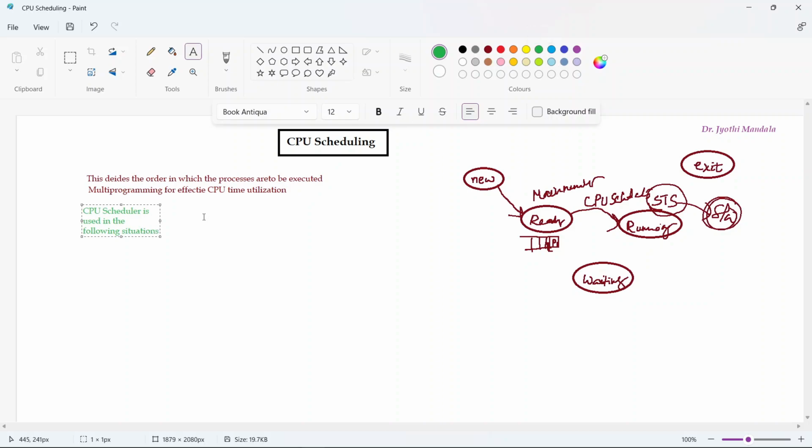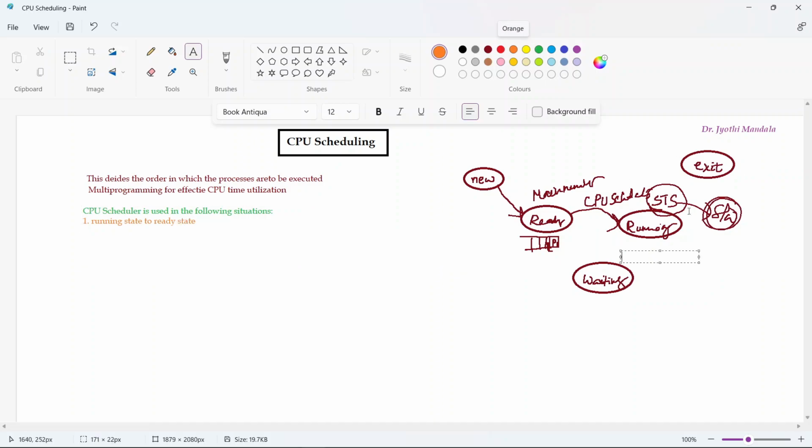What are the situations when the CPU schedulers are used? First case is when the process switches from the running state to the ready state. That is what we understood in this diagram.